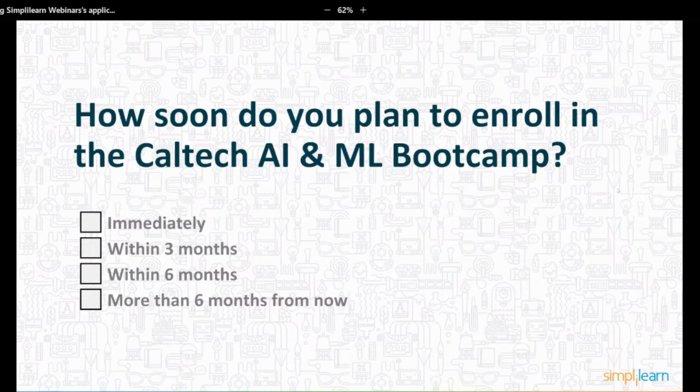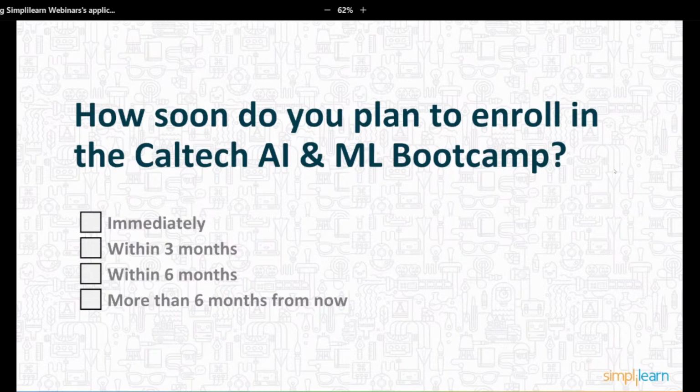And we'll close the poll. The result is 40% of the folks in our audience are interested in joining immediately. Again, when you email, ask us at simplylearn.net, ask about the incentive for joining the October cohort.